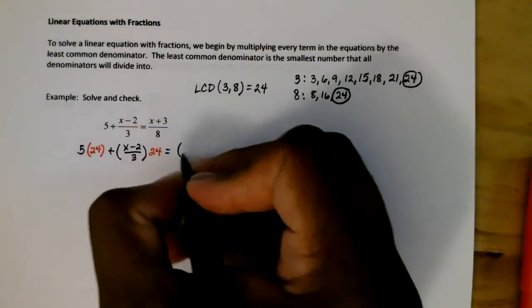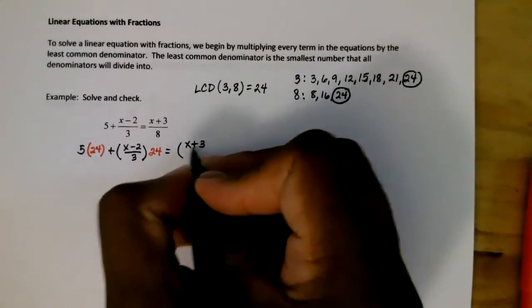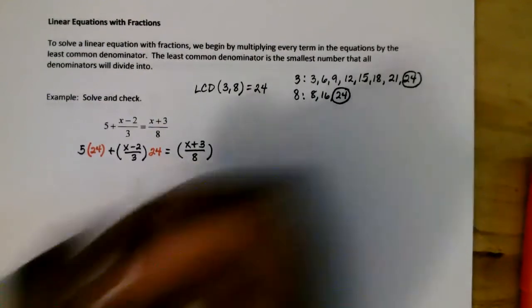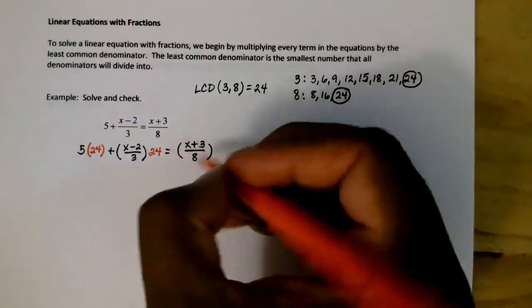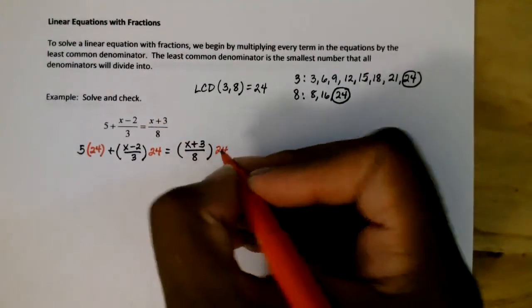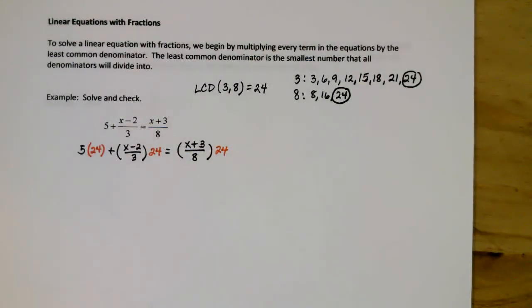It's equal to, and then this x plus 3 over 8 will be multiplied by 24. All right? So I'm multiplying each and every term by 24 in that equation.